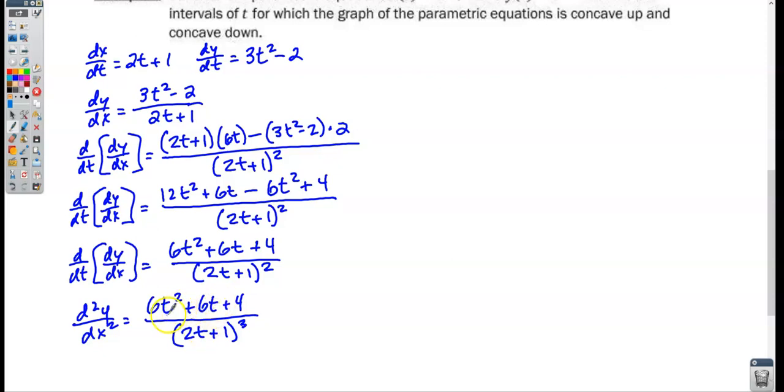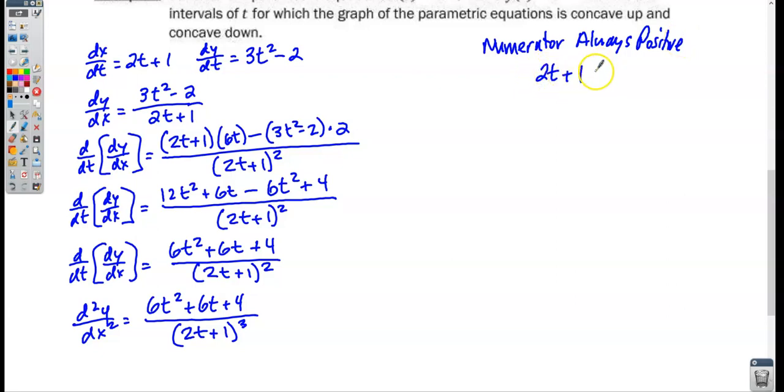Now let's see, 6t squared plus 6t plus 4. b squared, that's 36, minus 4ac. So my discriminant is negative 60. So this has no zeros, which means my numerator is always positive. So the denominator is going to determine the concavity.